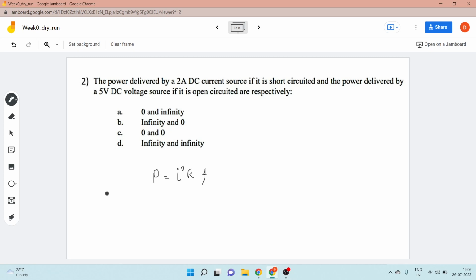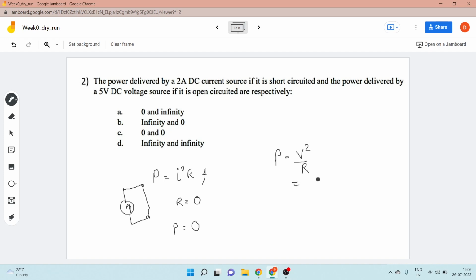So there is a current source and the output terminals are short circuited. Since it is short circuited, the resistance will be equal to 0. Since power is I square R and R is 0, power will be 0. Now in case of the voltage source, it is open circuited, so power is given by V square by R.